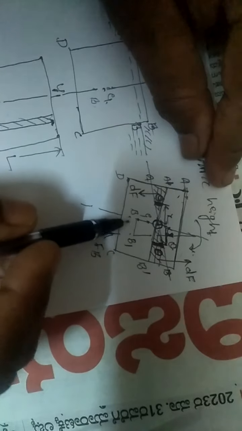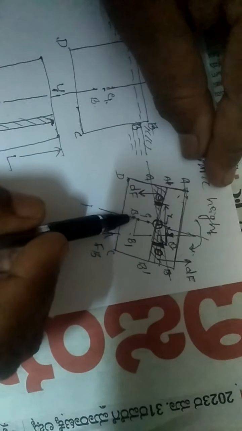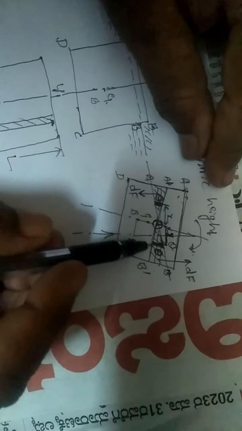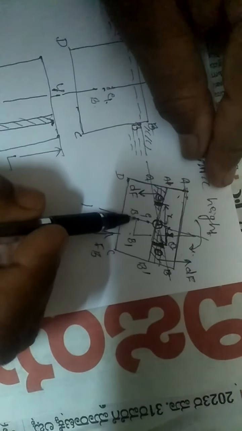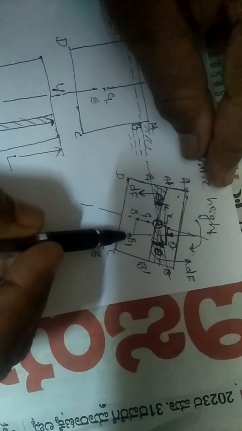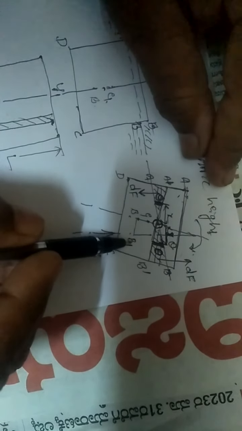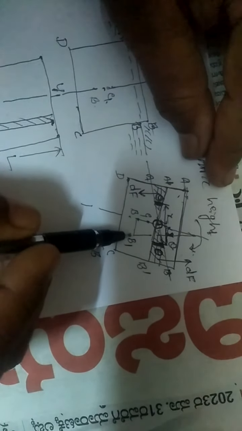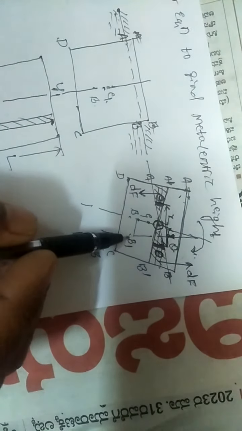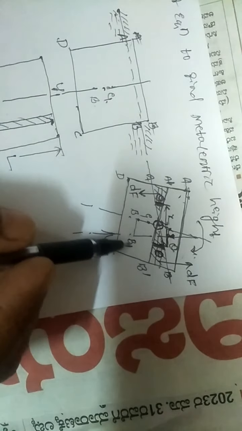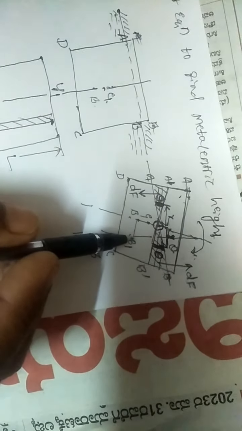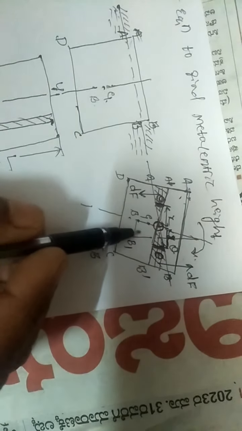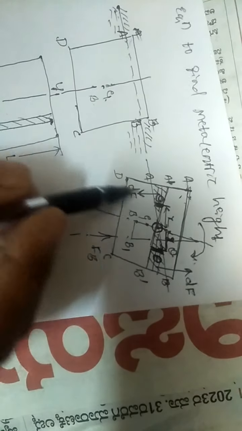Also, because of the angular displacement of this body, the center of buoyancy is shifted towards the right, which is represented by B1. It also causes a moment of the buoyant force, which is in the clockwise direction.